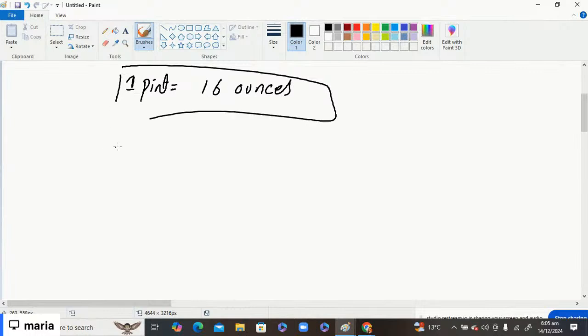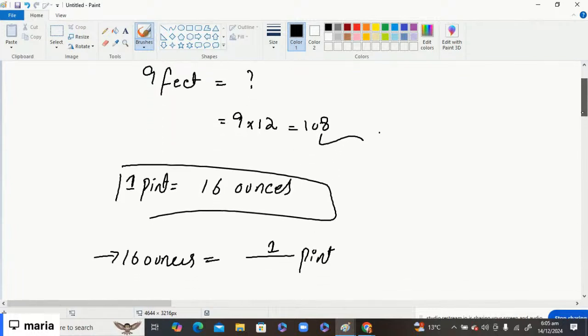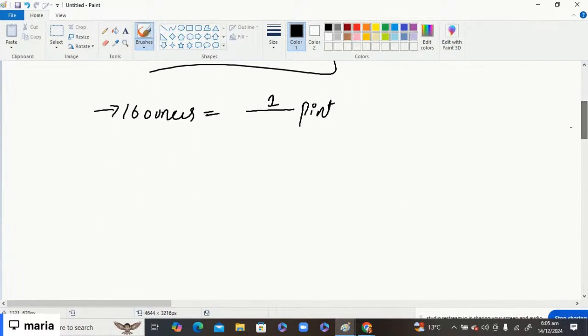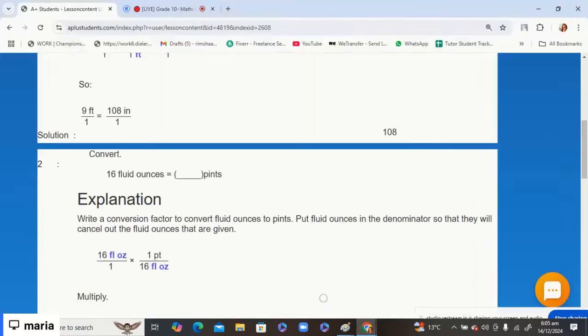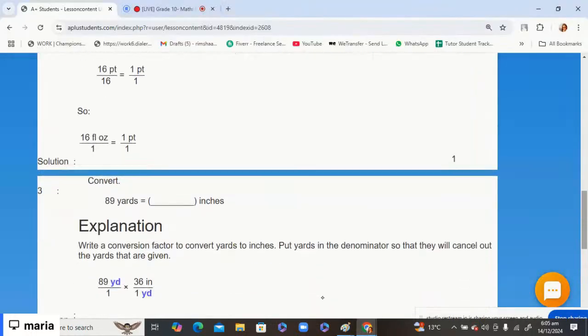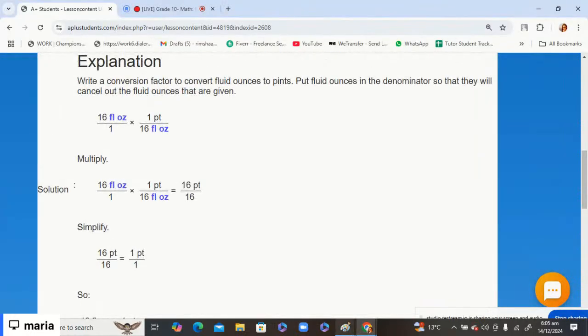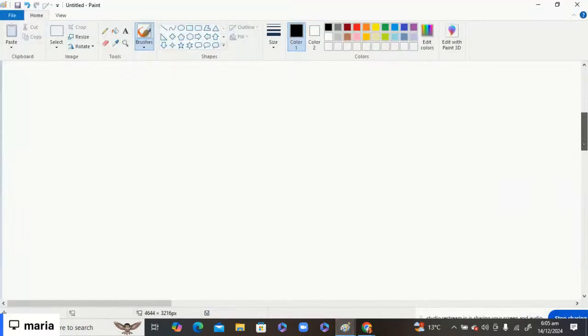If the question says 16 ounces equals how many pints, you just put 1. Just like 1 foot is equal to 12 inches, 1 pint is equal to 16 ounces. Now if they write 32 ounces equals how many pints?